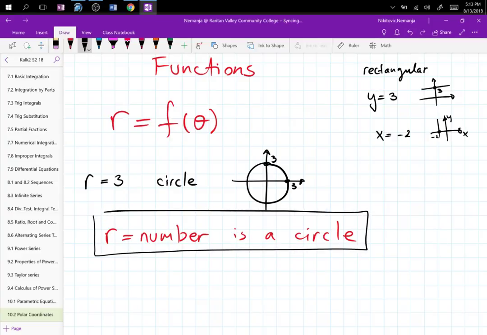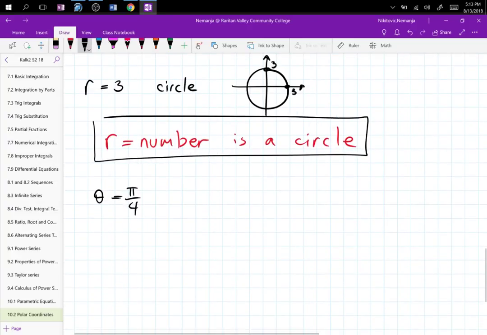Now we have the next one, which says theta equals a number. Let's pick something, how about theta equals pi over 4? Now theta is fixed, and r is going to take all of the values from negative infinity to positive infinity. So what would this be? Let's graph. Pi over 4 is right here.